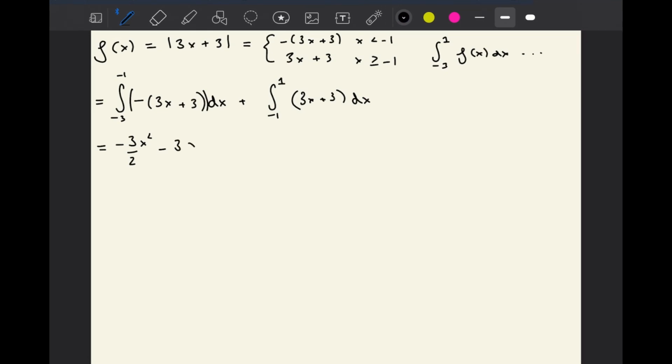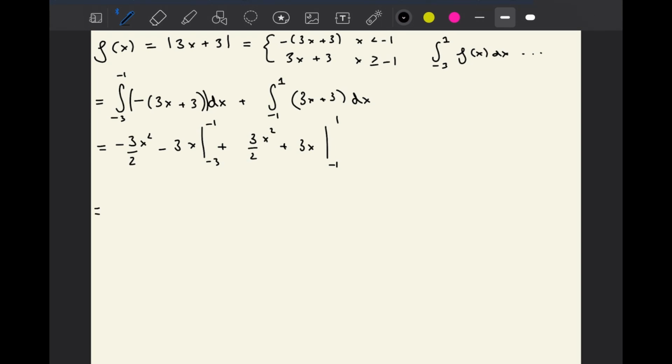Negative 3x to the power 1 over 1, okay, that's just x, plus, oh, and this is ranging from negative 3 to negative 1, plus, here we have everything the same, just without the negatives. We have 3x squared over 2 plus 3x, and this ranges from negative 1 to 1. And once again, we just solve.